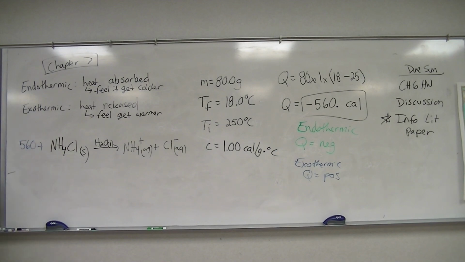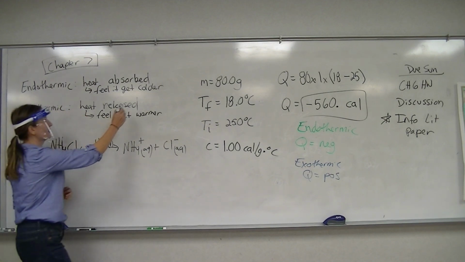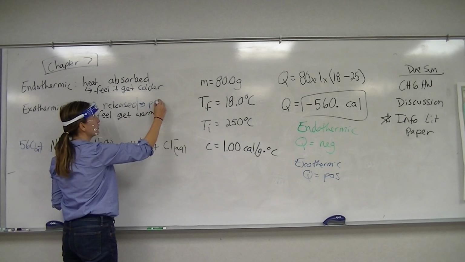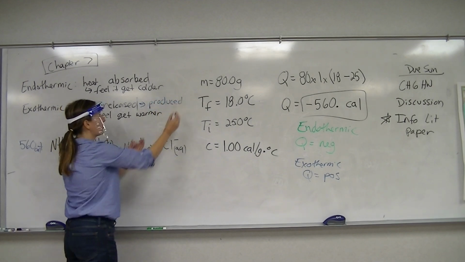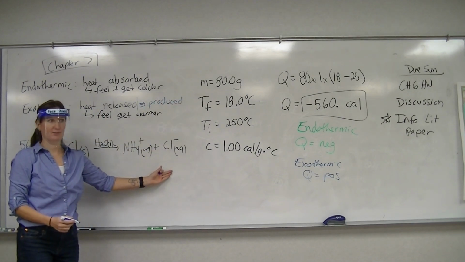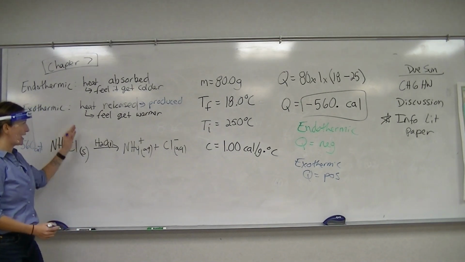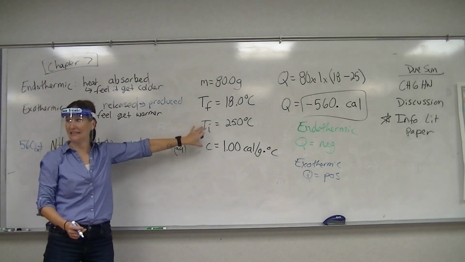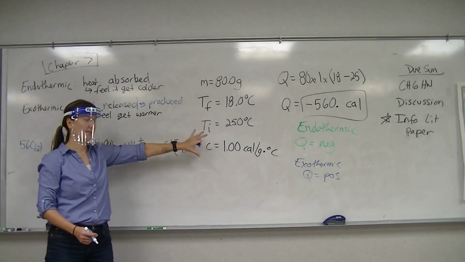It's not on the product side. If it was released, yes. Another word for released means produced. Produced, products. So in an exothermic reaction, you're going to see the calories, the heat, on the product side.